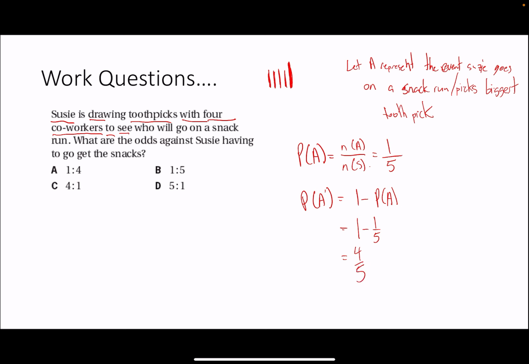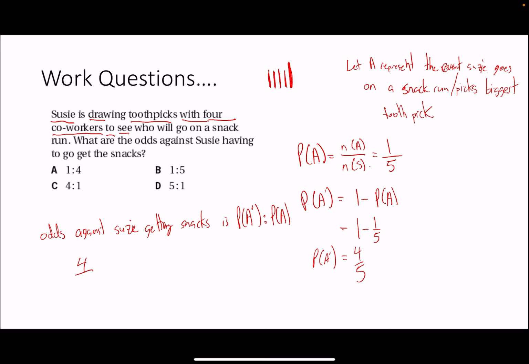So the odds against Susie getting snacks is P of not A to P of A, right? So the odds against, just the way you say it. So what does that mean? So P of not A is here, right?